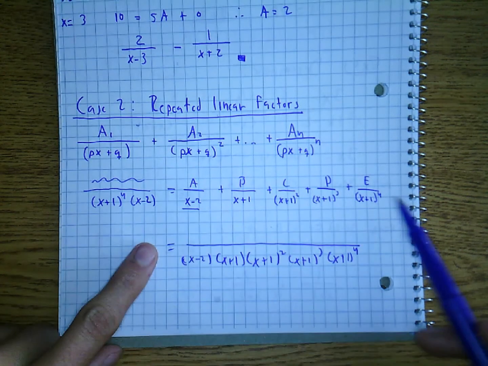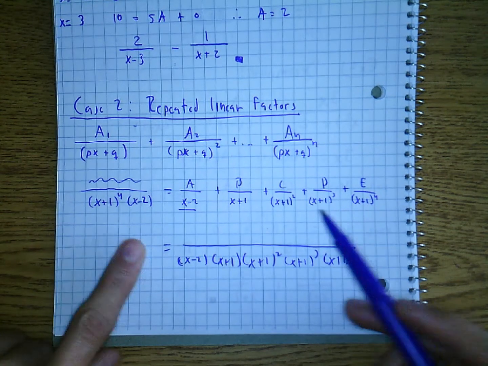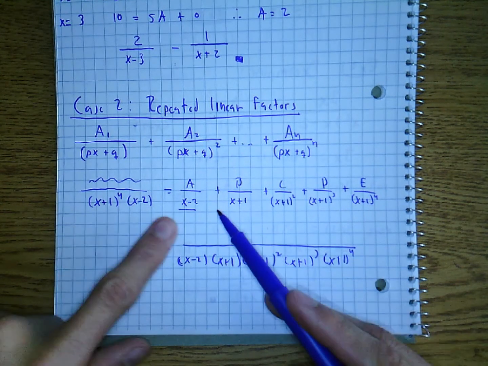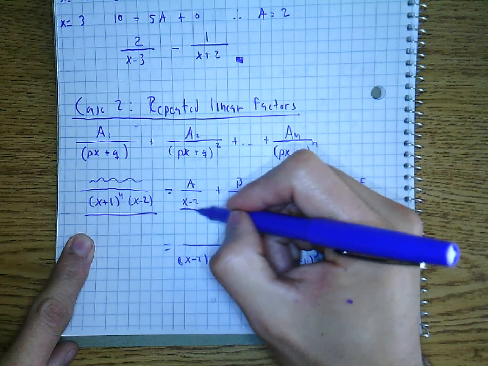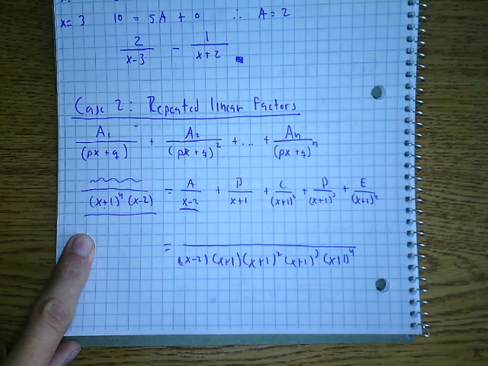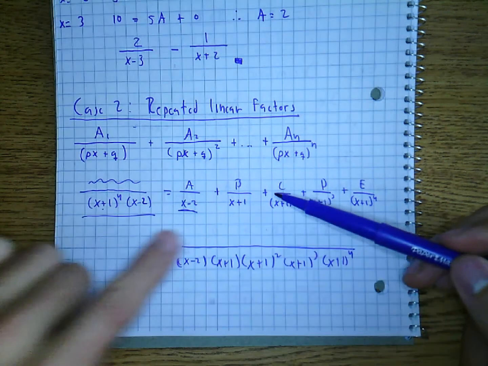You have to look at the left side and ask yourself, okay, I need this denominator, so what do I need to multiply this by so I can get that? You with me? And then everything balances out, I promise. So in this case, you would do x minus 2 times x plus 1 to the power of 4, and then x plus 1 to the power of 3 times x minus 2.